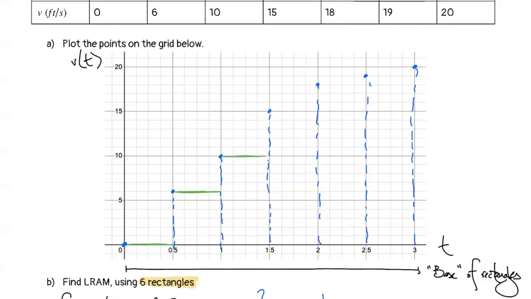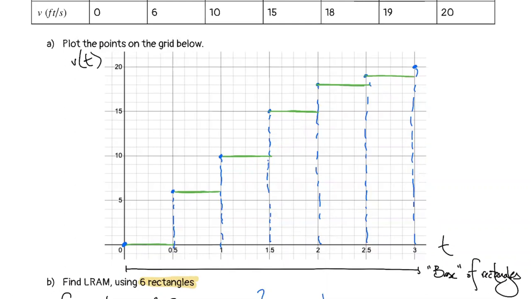Good, 10. The height of the fourth rectangle looks to be about 15. We've got 2 more rectangles left. One of them has a height of 18 and the other one has a height of 19.